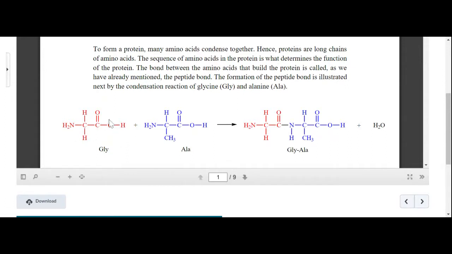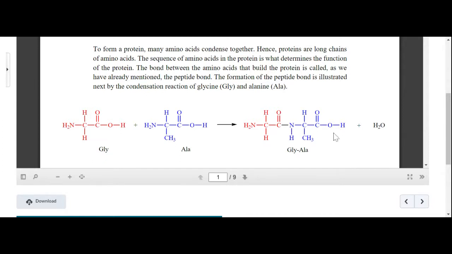The new bond is between the carbonyl carbon from glycine and the nitrogen from alanine. This bond is called the amide bond or peptide bond. In biochemistry it is the peptide bond; in organic chemistry it is the amide bond.